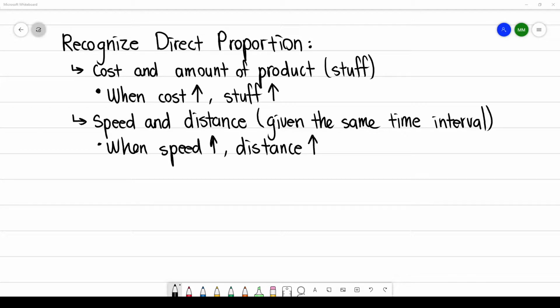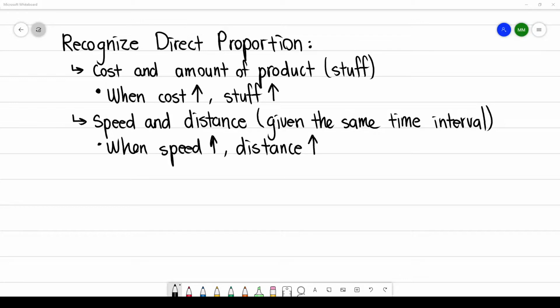Nobel, you have an idea? Yeah, that is good as well.